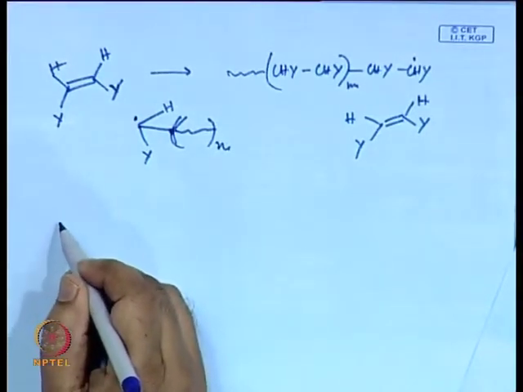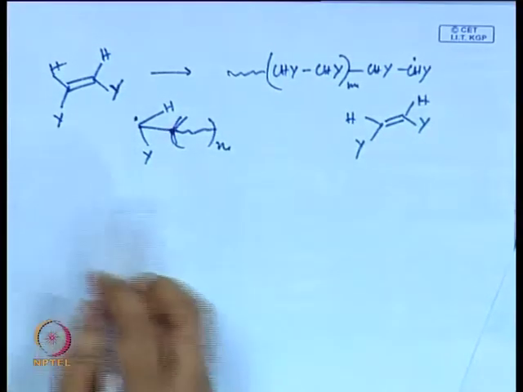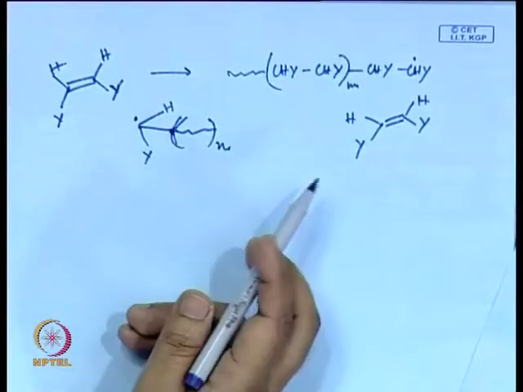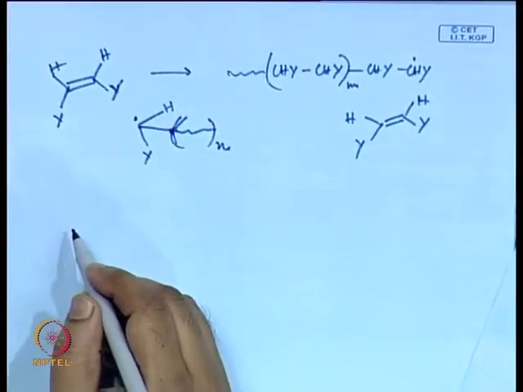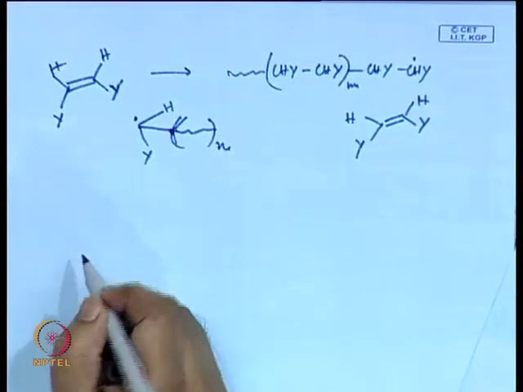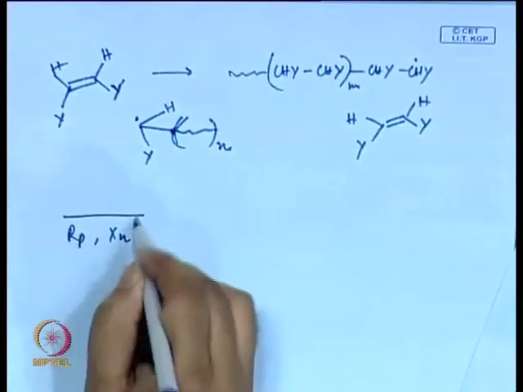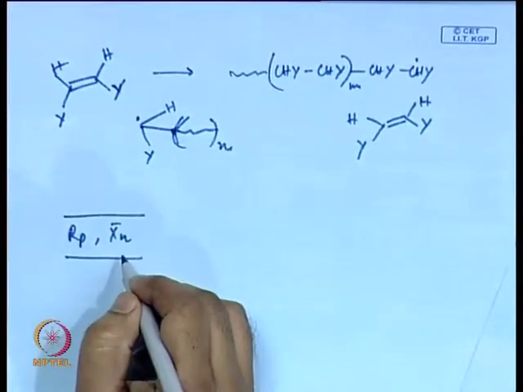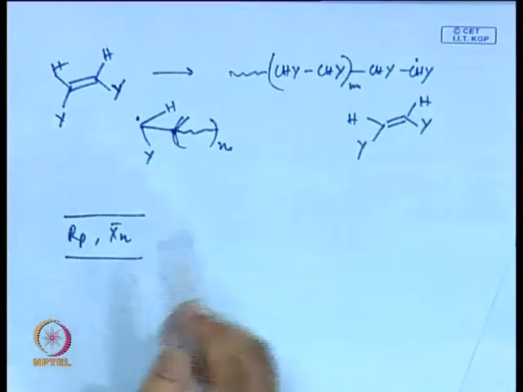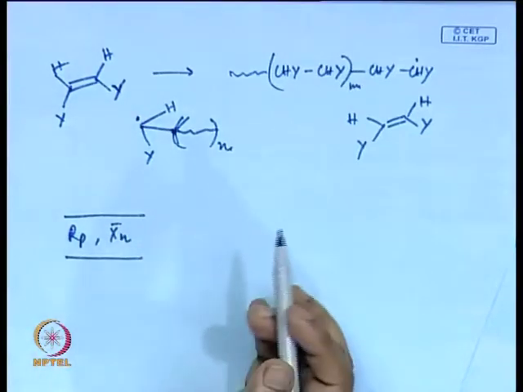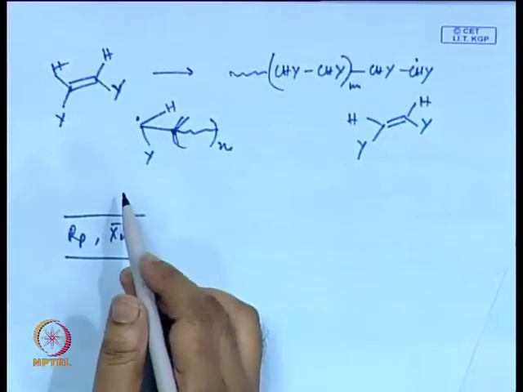So we talked about the Tc and the values of DelH and DelS. There is the Rp and Xn, the molecular weight, which can also be dependent on the pressure as well, though it is not as significant as temperature.